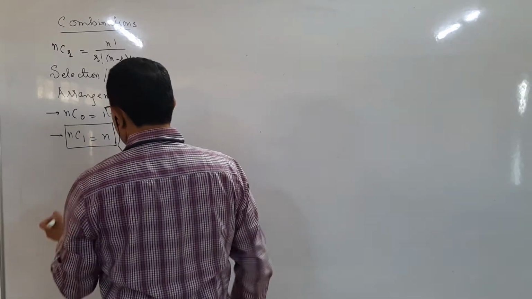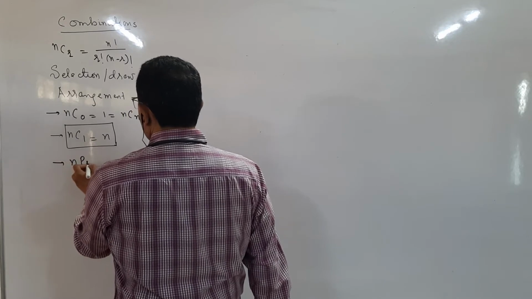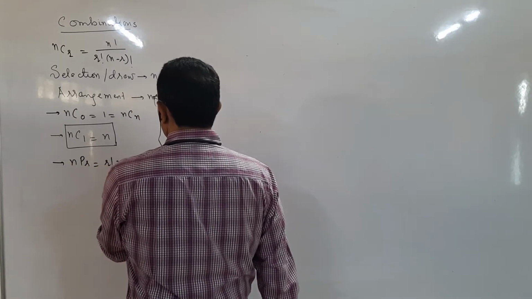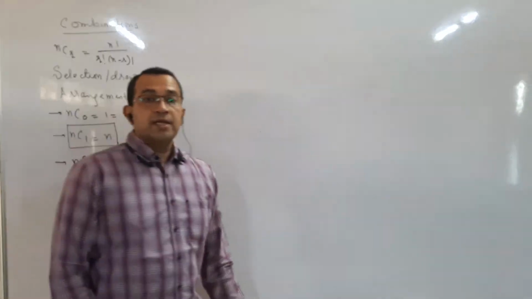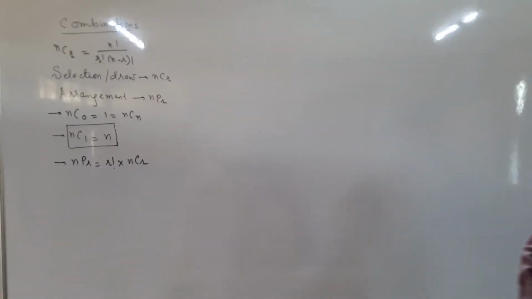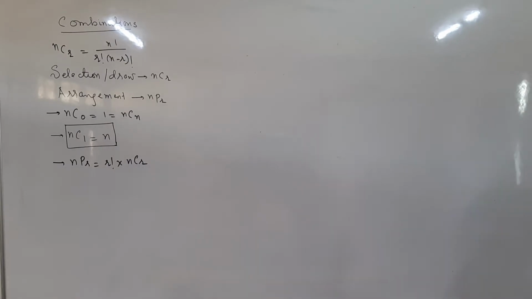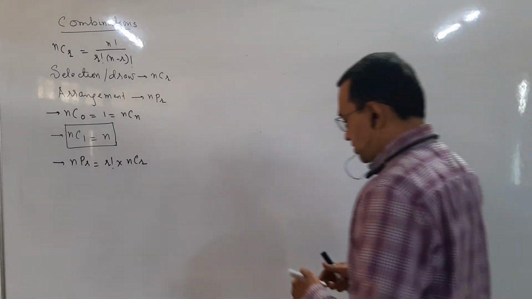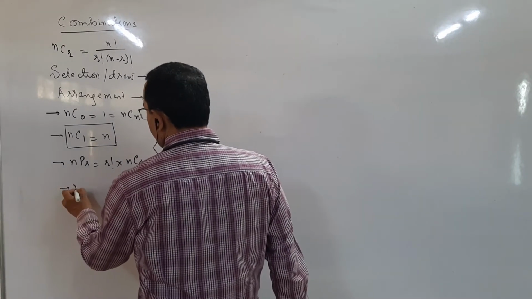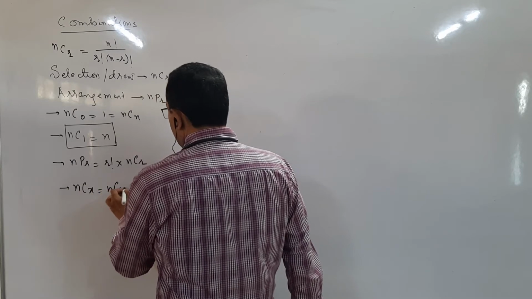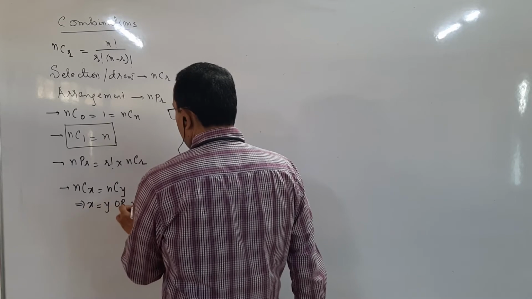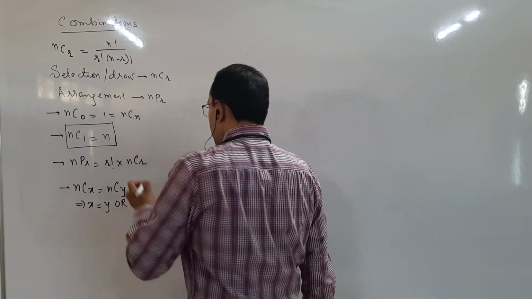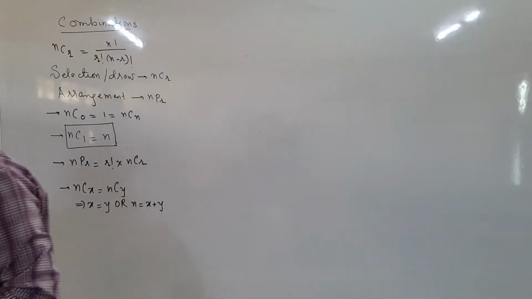Then nPr is equal to r factorial into nCr. When you multiply combination by r factorial, we get permutation. Then nCx is equal to nCy implies either x is equal to y or n is equal to x plus y.